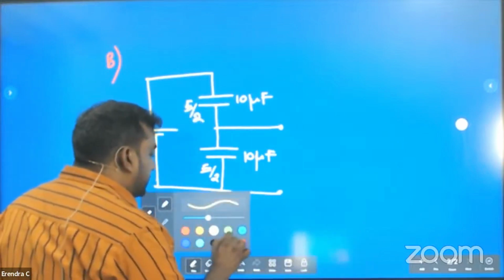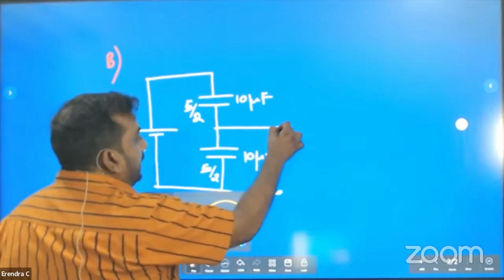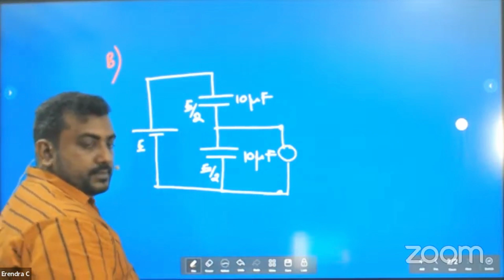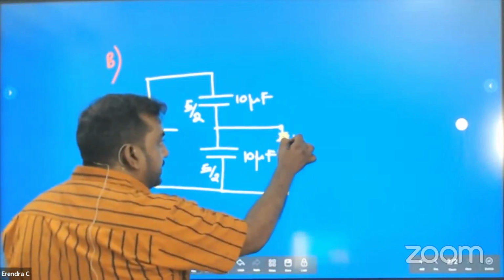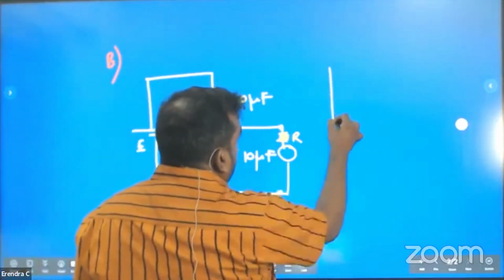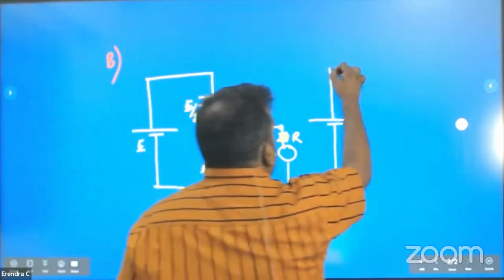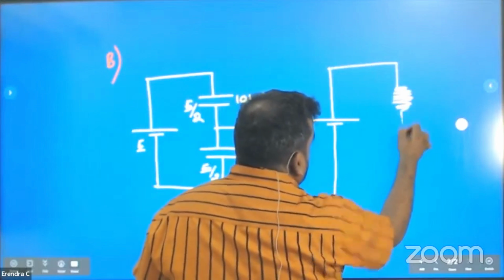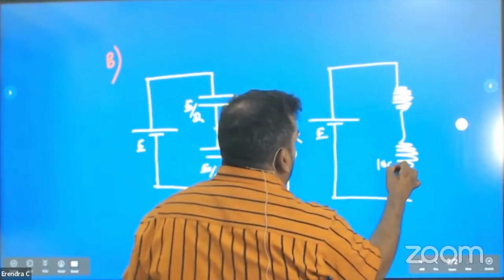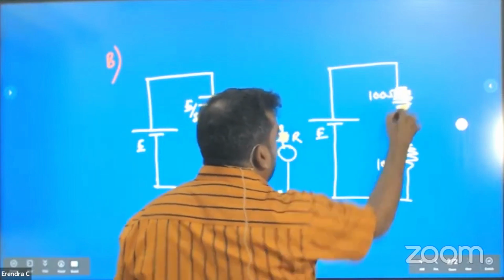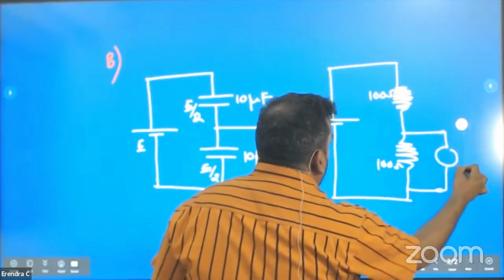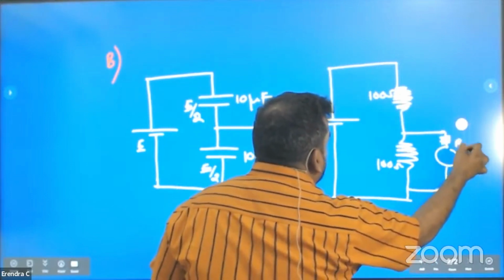Finite voltmeter means here there is a voltmeter, where there is a resistor. Don't forget this is 100 ohm. Now you know the voltage is divided. Now I connect a voltmeter here with finite resistance.